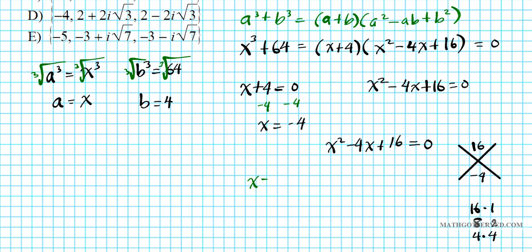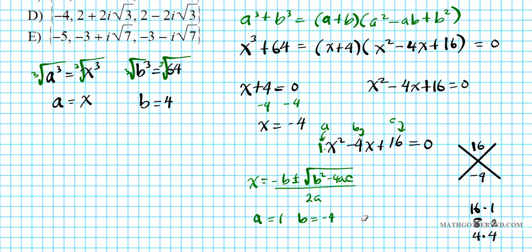So the quadratic formula, x equals negative b plus or minus the square root of b squared minus 4ac divided by 2a. For this quadratic, a is 1, b is negative 4, and c is 16.